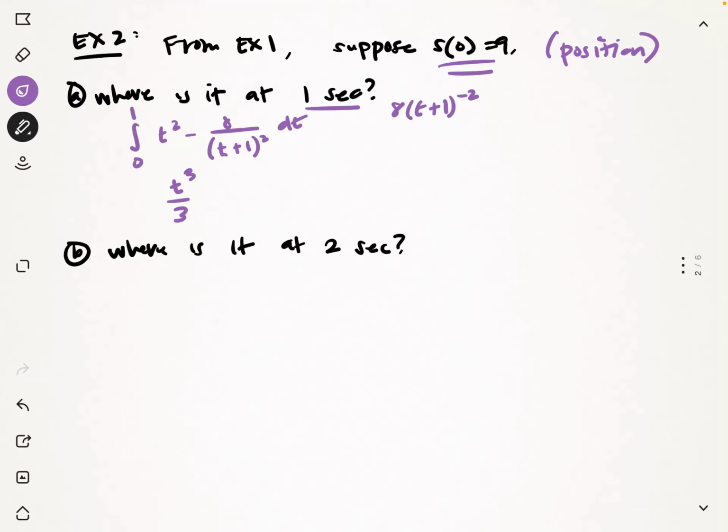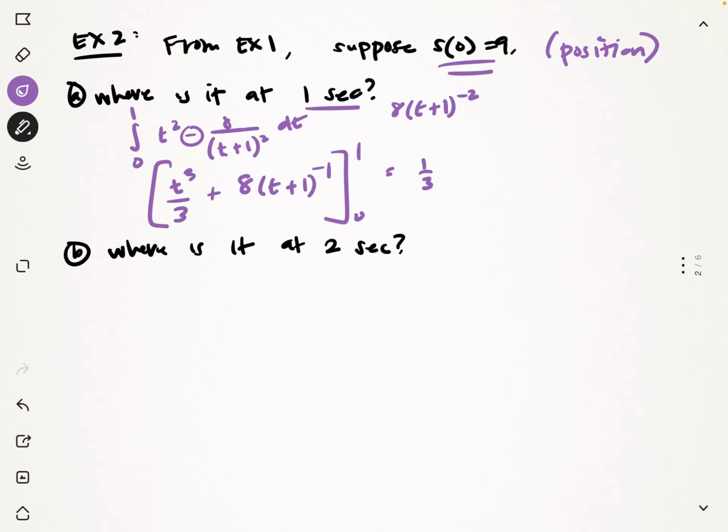So the integral of that would be negative 8, so that would be plus 8 times t plus 1 to the negative 1, and we're doing that from 0 to 1. Okay, so if we plug in 1, then we get 1/3, and then 1 plus 1 is 2 to the negative 1, which is a half.